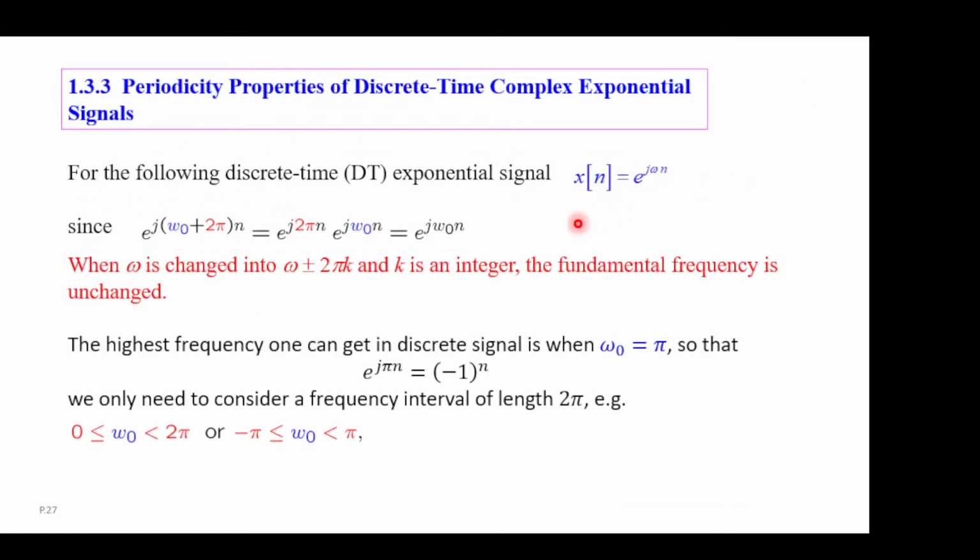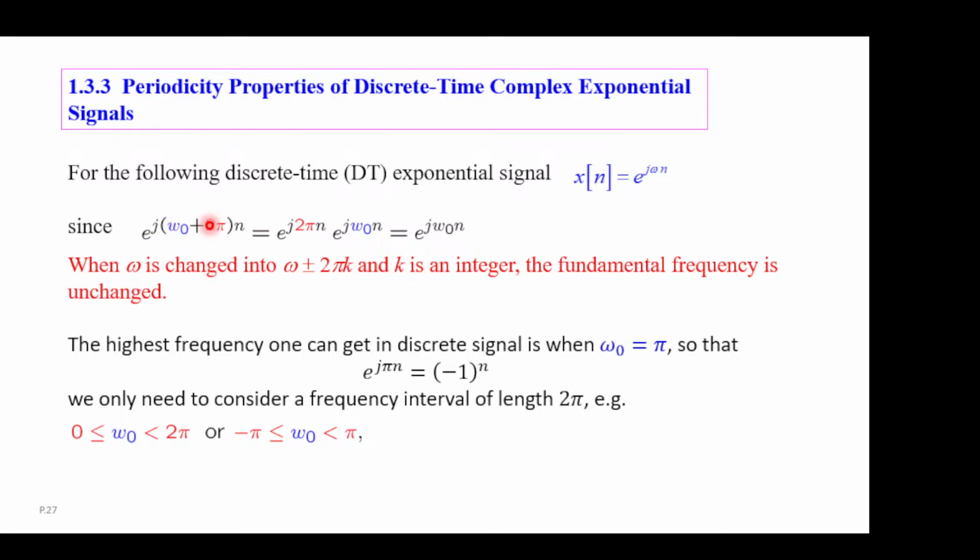So this is for continuous time, and we want to go to discrete time, but the discrete time complex exponential has some properties that are different from continuous time. First of all, for the complex exponential e to the j omega n in discrete time, even though you can pick omega as any value from minus infinity to plus infinity, you don't need to, because it's only meaningful for omega in some 2 pi interval.